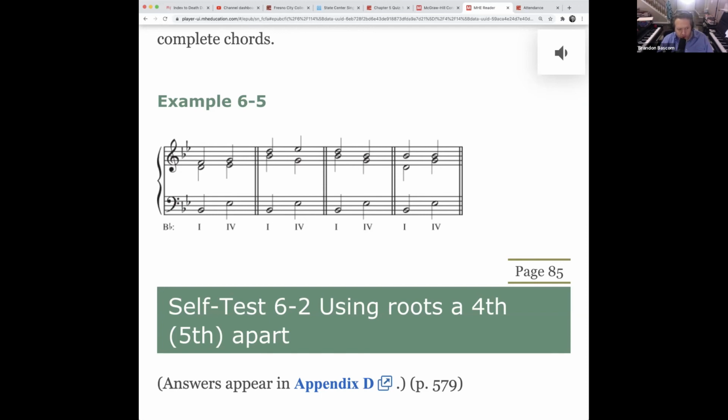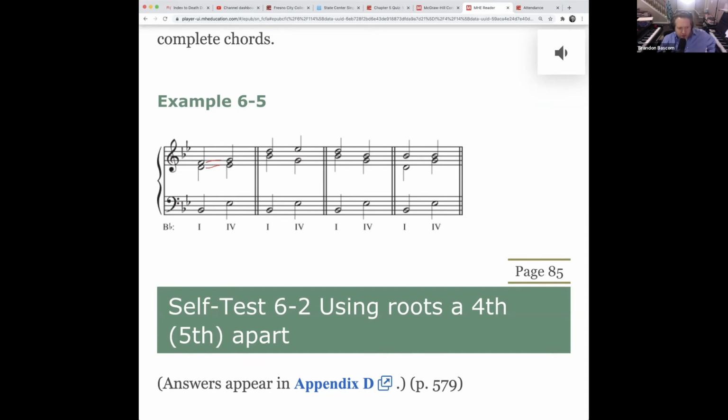Here we've got a root, a third, and a fifth. Here we have a root and a third, so we omitted our fifth. But we did that because it was nice, smooth, stepwise motion. Here we have a root and a third. Here we have a root, a third, and a root. So we omitted our fifth. Here we have a root and a third.